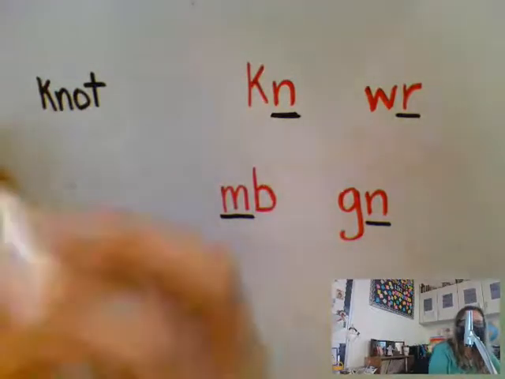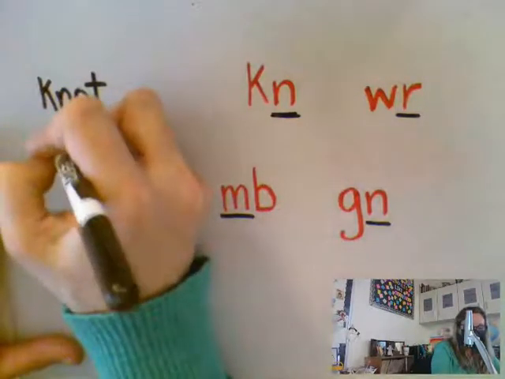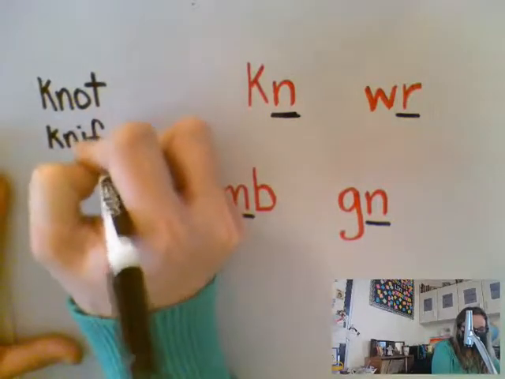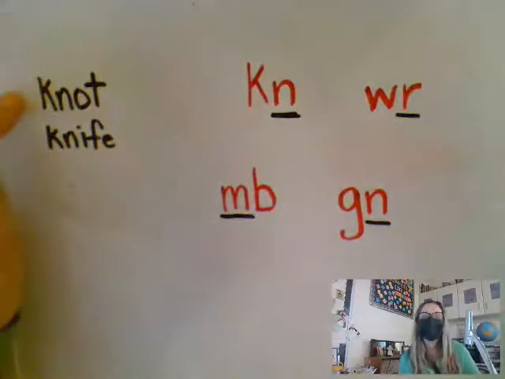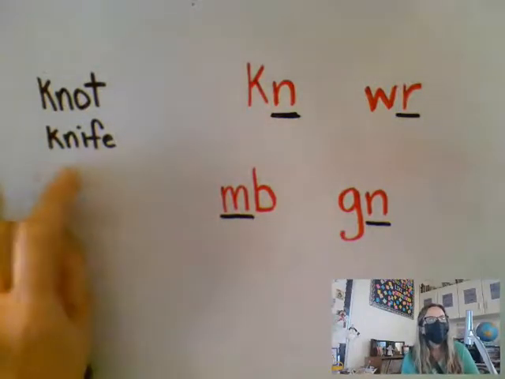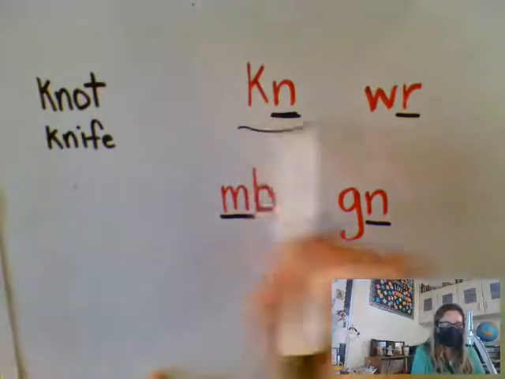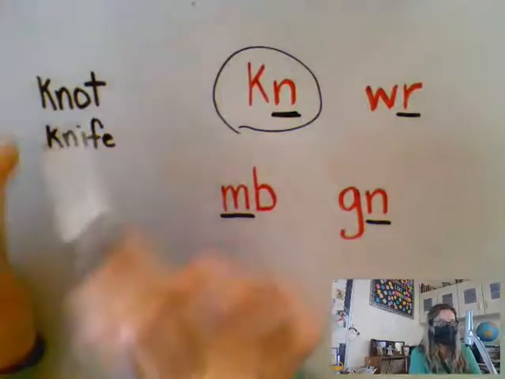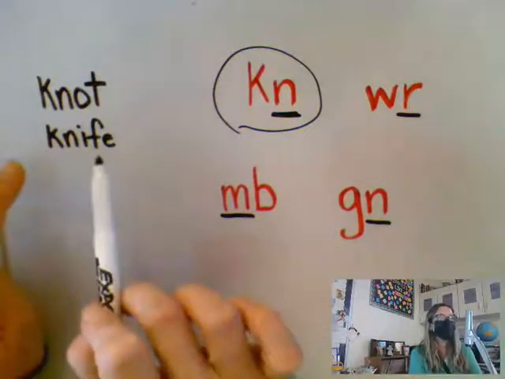Or use this knife to butter your bread. K-N-I-F-E. We don't say kuh-not and we don't say kuh-nife. When we see that K-N together, we have to remind ourselves to make the N sound. So this word is knot and this word is knife.